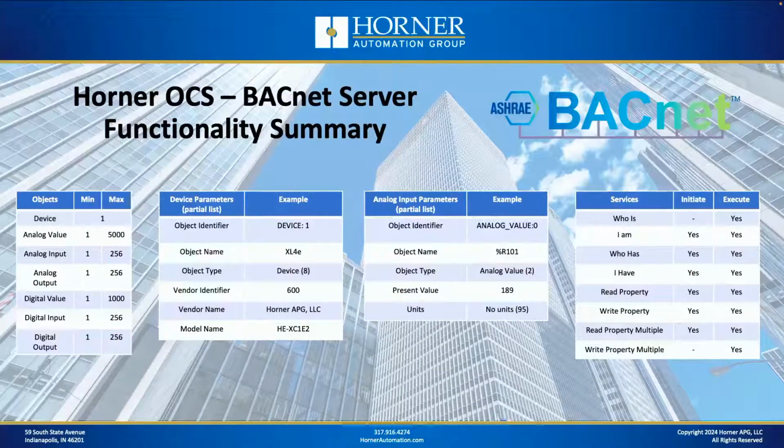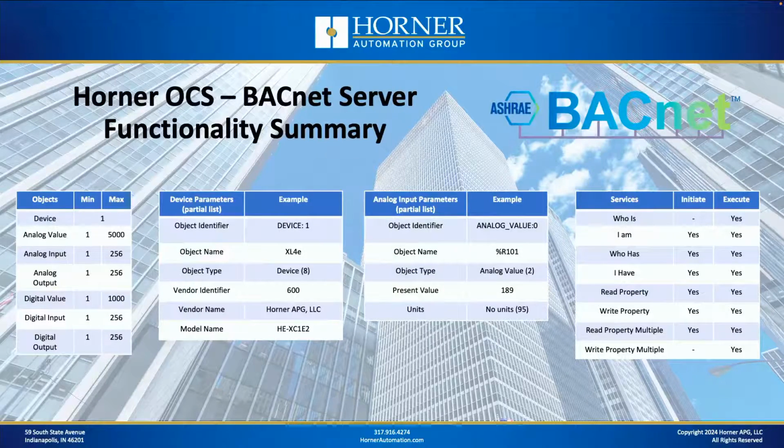So if we're going to summarize some of these things on BACnet, that first chart you see there on the left talks about a collection of objects that happen to be available in the Horner controller when it's being used as an application-specific controller.